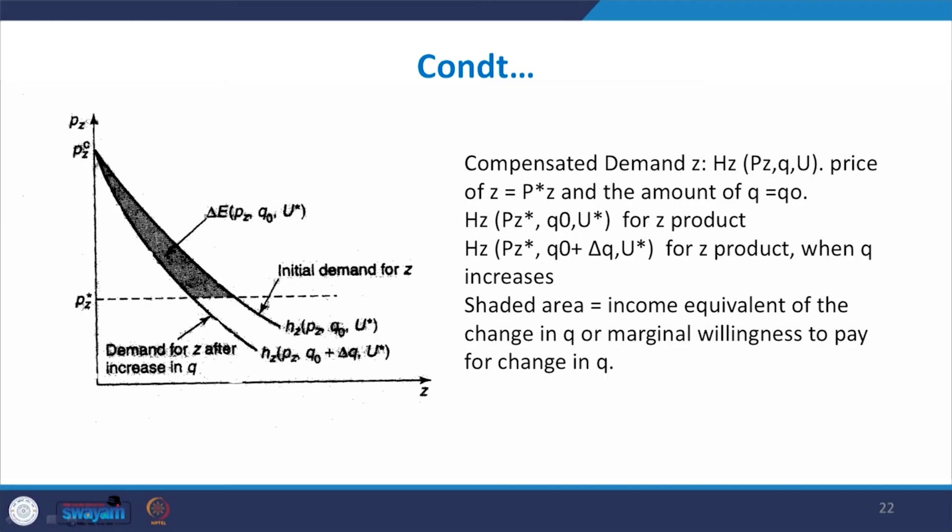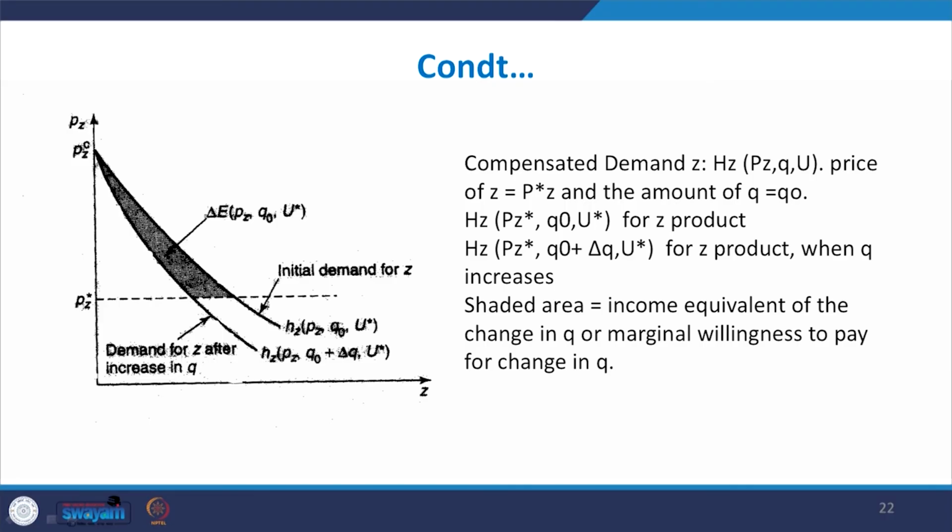Now, if the environmental product improves, the compensatory demand curve will shift downward, and the new compensatory demand curve is Hz Pz, Q0 plus delta Q, plus utility star.